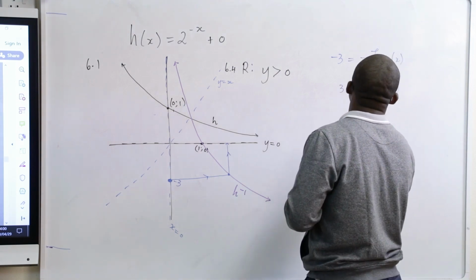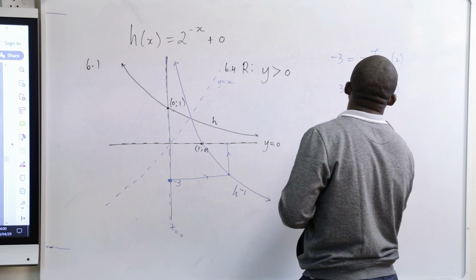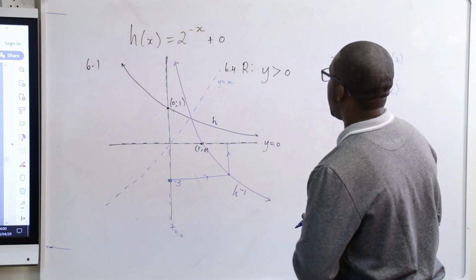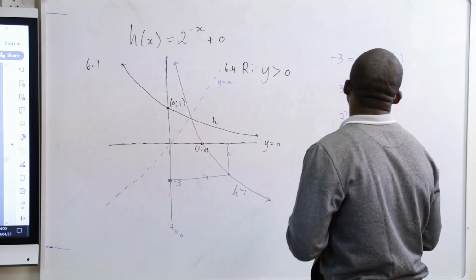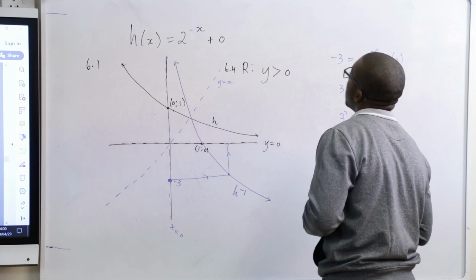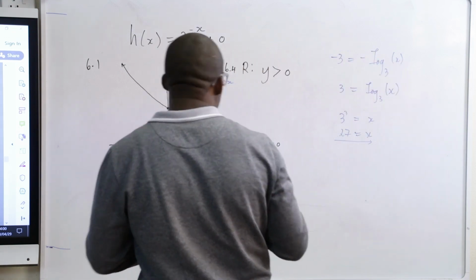Then this will rise to that: 3 to the 3 will be equal to x. So x is equals to 27.